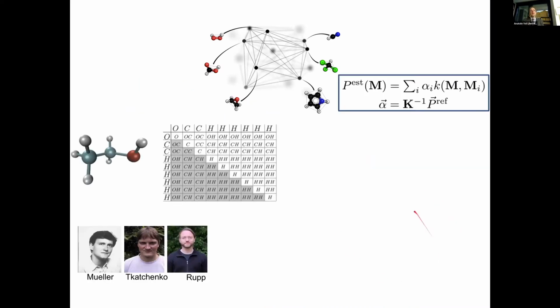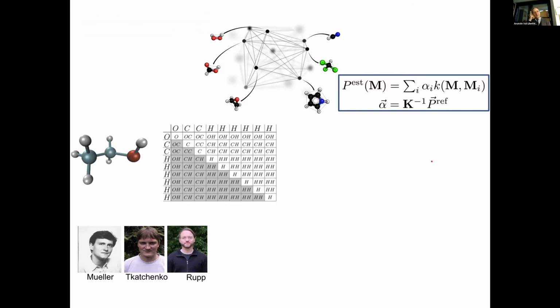So let me tell you a little bit how I got into this. In 2011, I organized a long program at the Institute for Pure and Applied Mathematics at UCLA on the topic of navigating chemical compound space for drug and materials design.